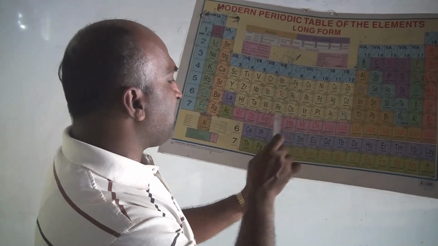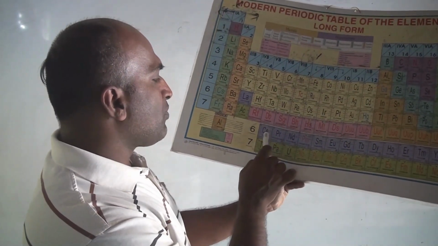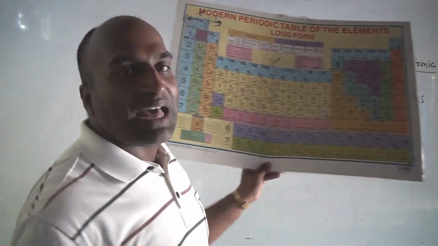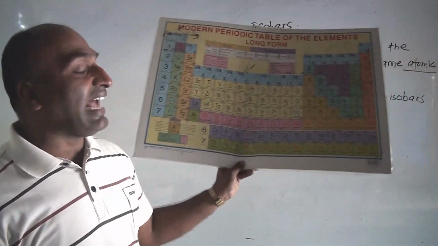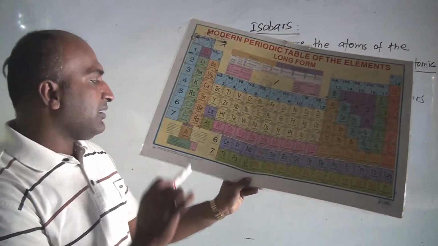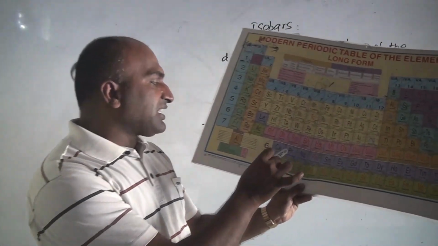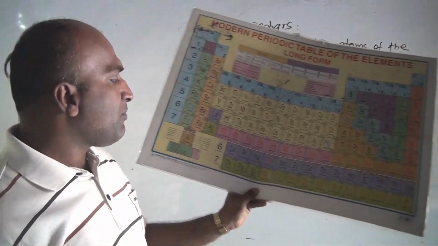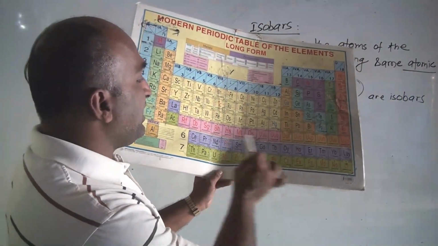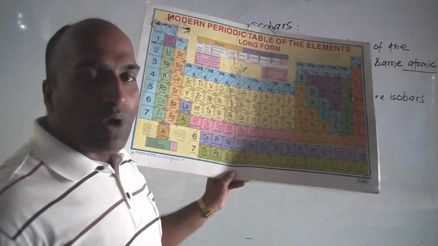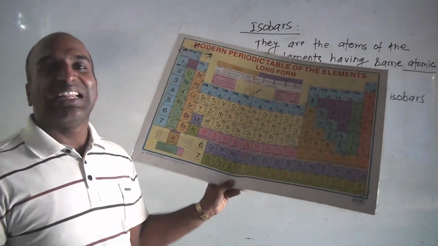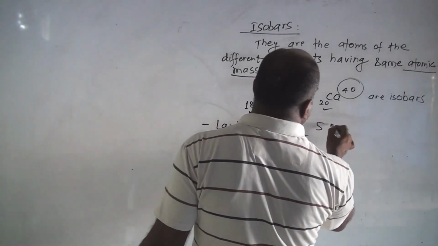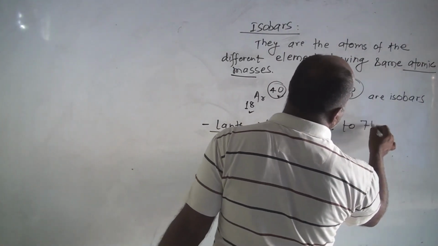The 14 elements after lanthanum, from atomic number 58 to 71, are collectively known as lanthanides.